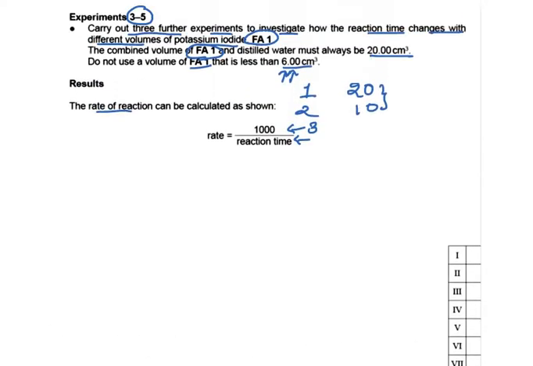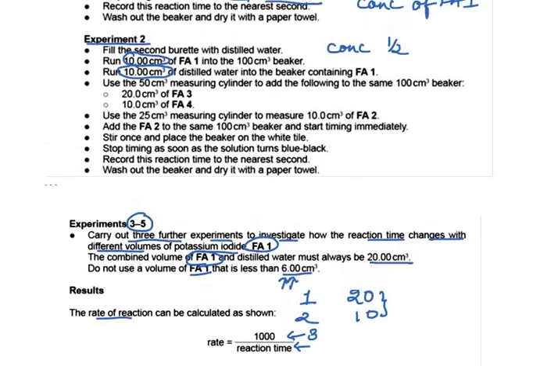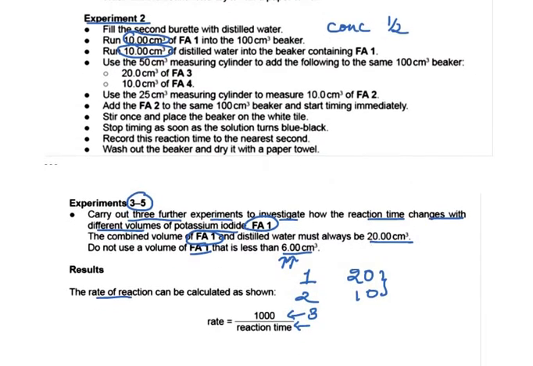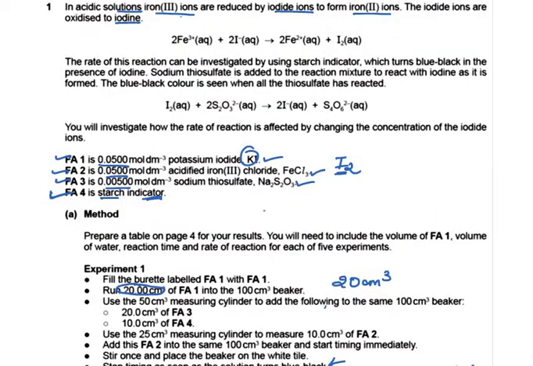So here we are going to tabulate the readings, and I am showing you the starting out part of the question again, where it says that on page 4 you will need to include the volume of Fa1, volume of water, reaction time and the rate for each 5 experiments. So this is what we are going to tabulate: volume of Fa1, volume of water, reaction time and rate.